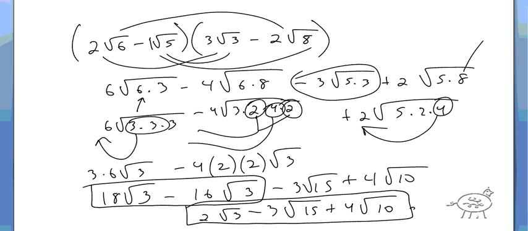All right, so let's see. Let's try another one here. How about 3 root 50 minus root 18 plus 4 root 32.